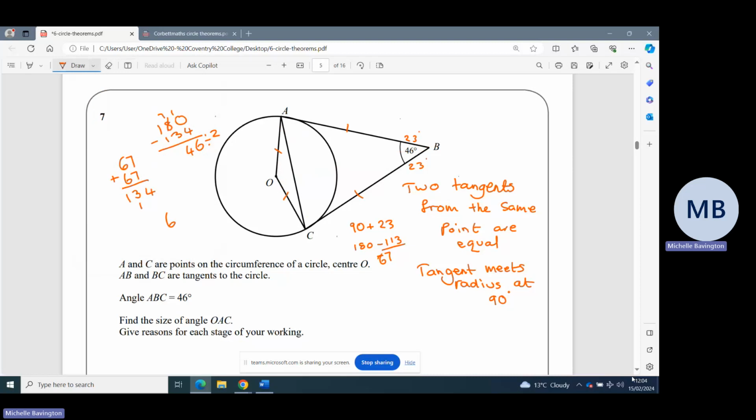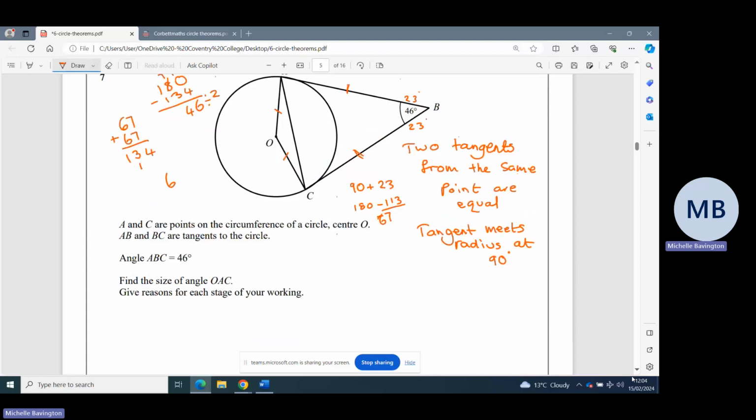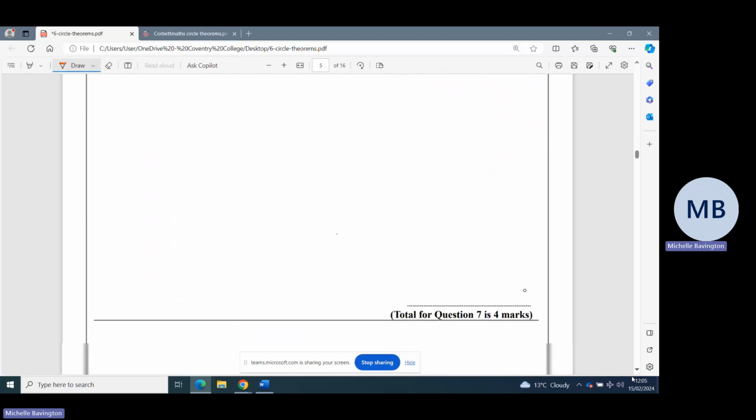Isosceles, because you've got two triangles there. Okay, rightio. So it really just depends how you go about it, but these are your important bits. Give reasons for each stage of your working out. We're going to go neater when we do this in class. This is just an example, okay? We're going neater with these.